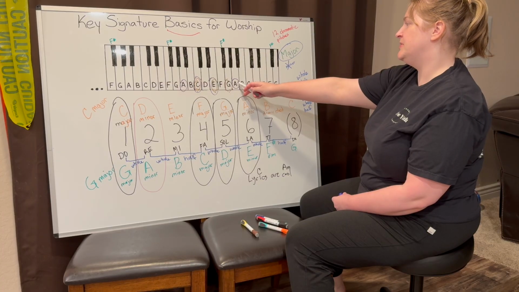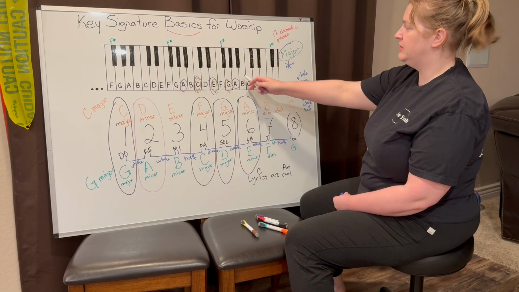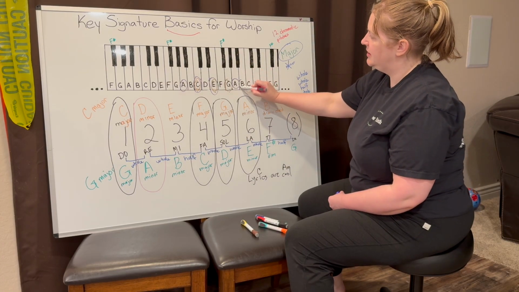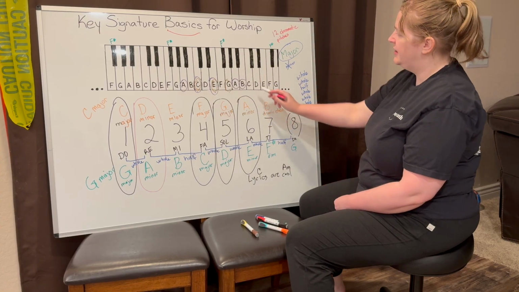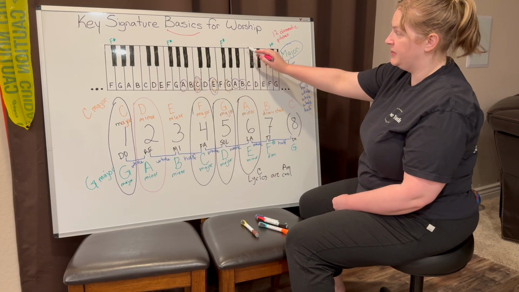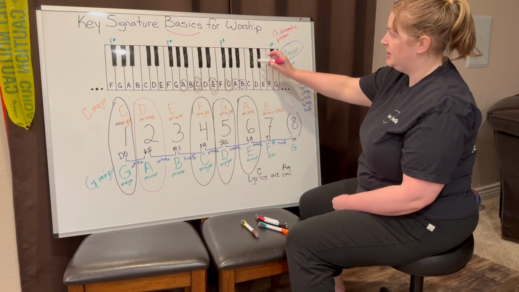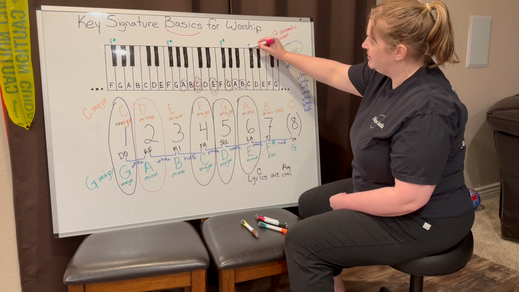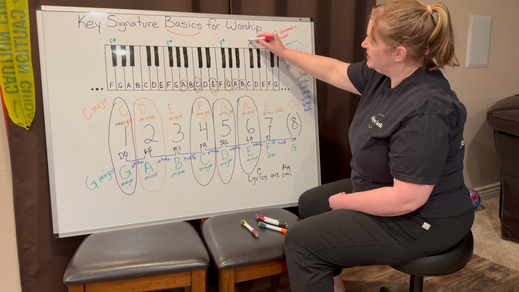If we do a whole step, which means we have to skip one, we skip the black one and go to the next one, B. Then there's no black one here, which means we have to skip this one. We go up here to C sharp.